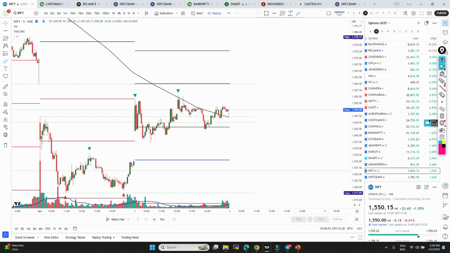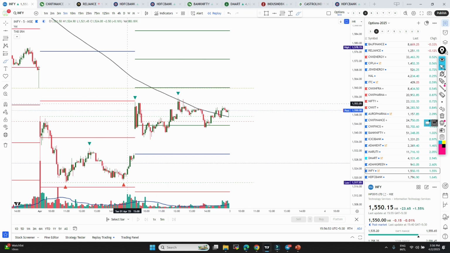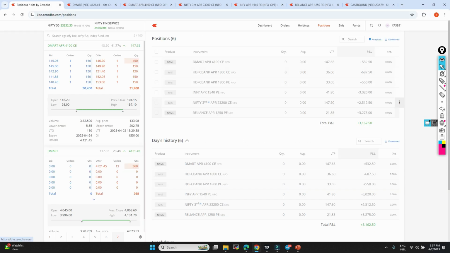Then Infy, I attempted the Infy trade. Even though the price is moving up, the put option is not falling. Even though price is moving, the put option is not falling at all. So I gave up and came out of the trade. Last minute, since I had a 2000 profit and this took out my profit, I wanted to make something out of this.